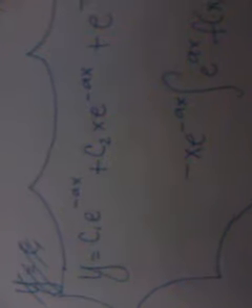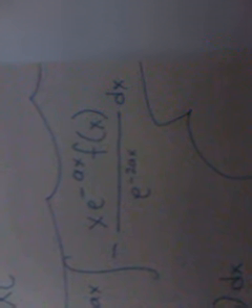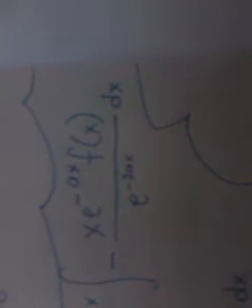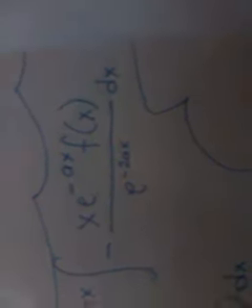And so incorporating y particular and y complementary, we have the answer y equals c sub 1 e to the negative ax plus c sub 2 x e to the negative ax plus e to the negative ax, the integral of negative x e to the negative ax f of x over e to the negative 2ax dx minus x e to the negative ax times the integral of e raised to ax f of x dx.